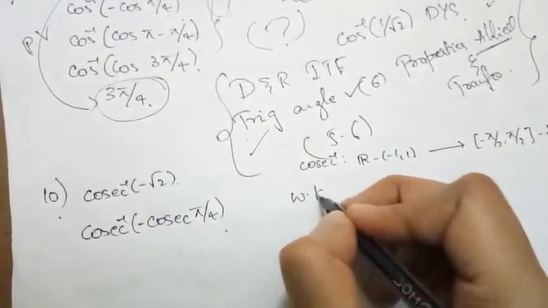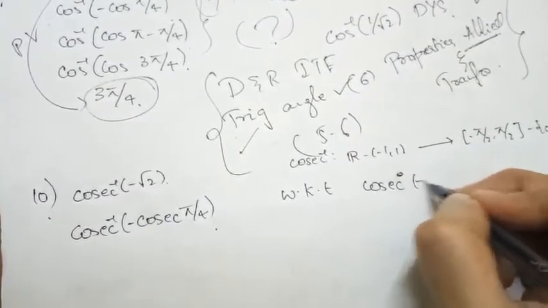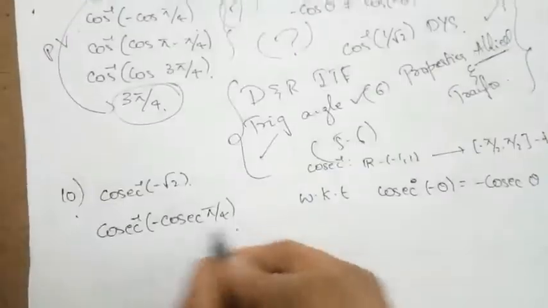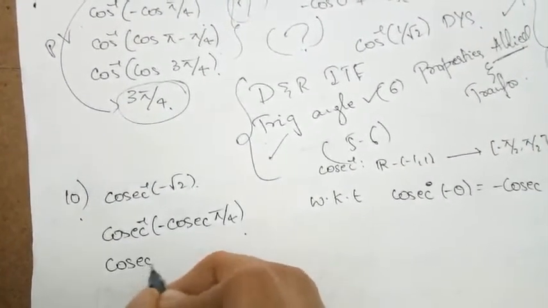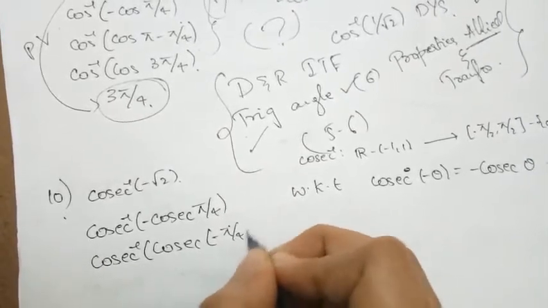And we know that cosecant of minus theta is equal to minus cosecant theta. So I can replace this as cosecant inverse of cosecant of minus pi by 4.